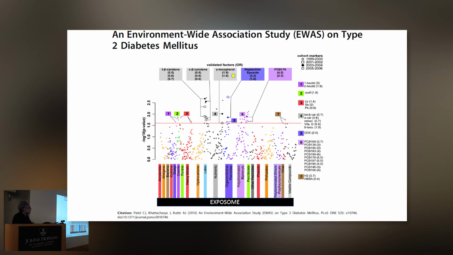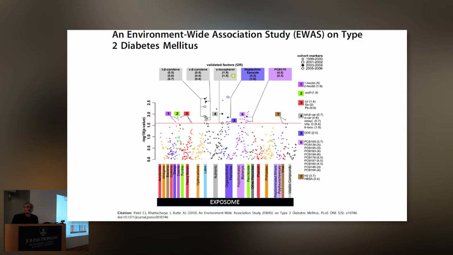And what they found was that type 2 diabetes is associated with protective effects of beta-carotene, an aggravating effect of gamma-tocopherol, which is also associated inversely with the healthy eating index, which I'll show later, and exposure to pesticides.